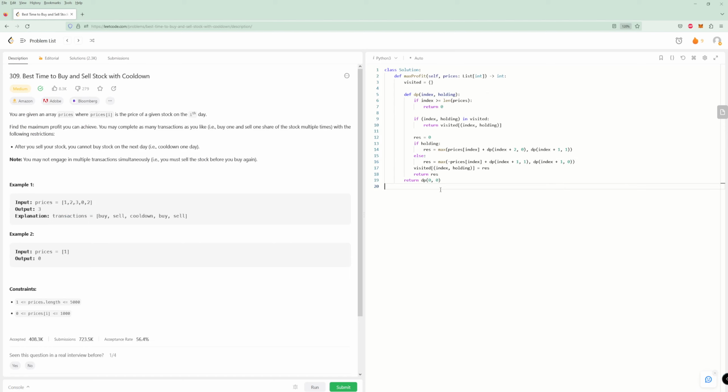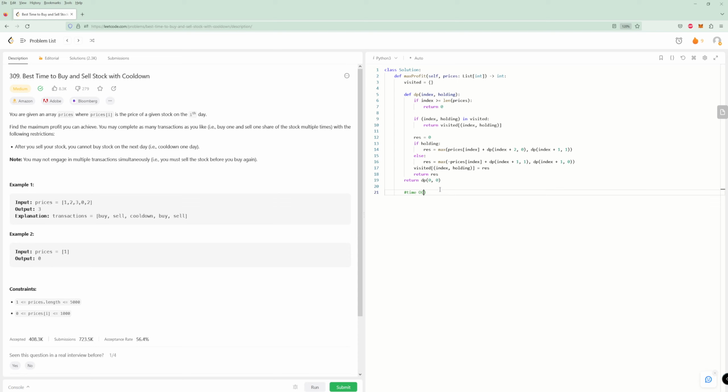And now let's think of the time and space complexity here. What would the time be? Well, what's the worst case scenario? Usually for DP, time and states are going to be kind of similar. We have to go through every index, and every index is going to have a holding or a non-holding.